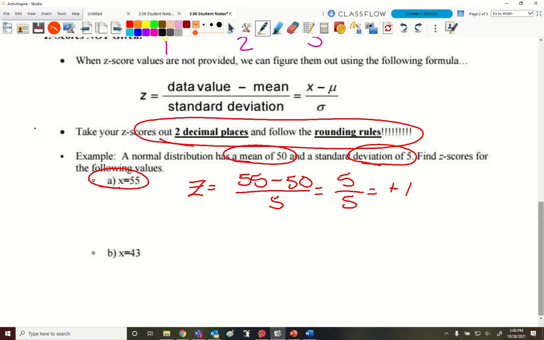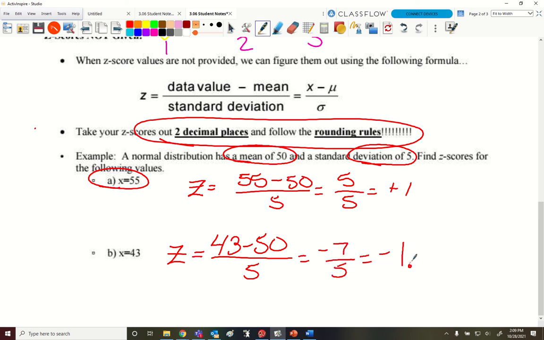All right, let's see what we got now. So, write it out. It just reminds me. 43 minus 50 over 5. So this is going to give me negative 7 over 5, which comes out to be negative 1.40.